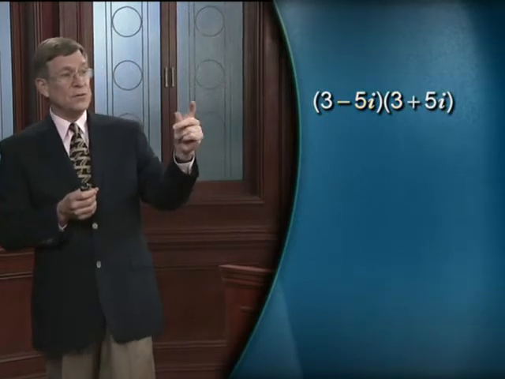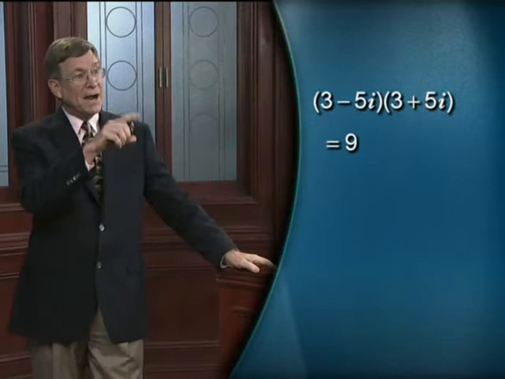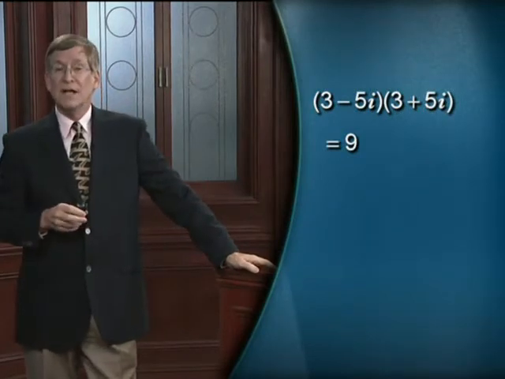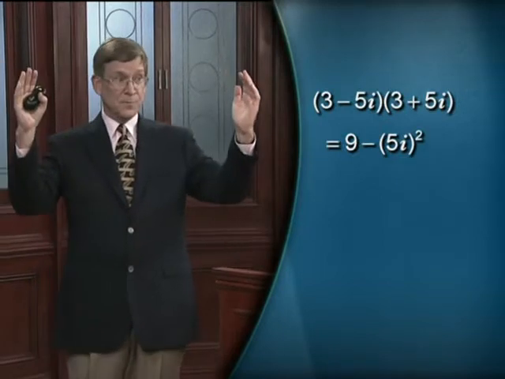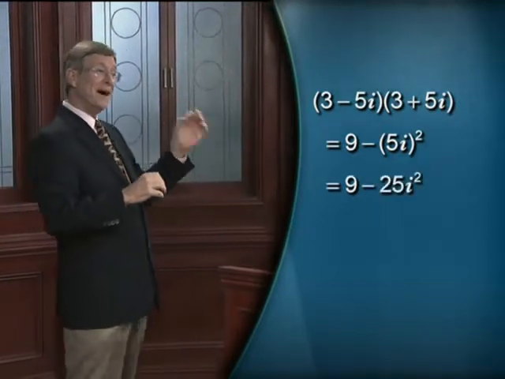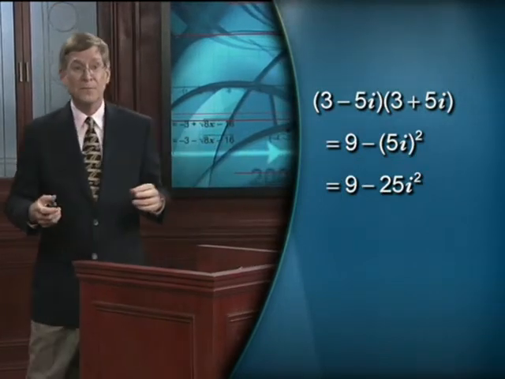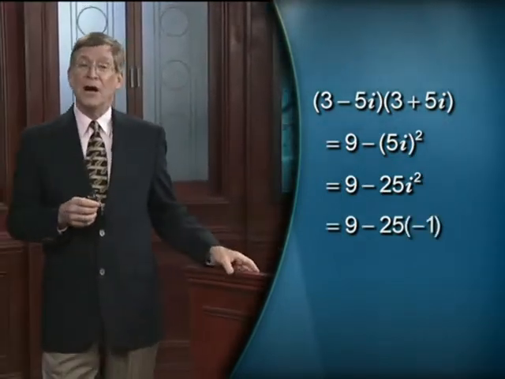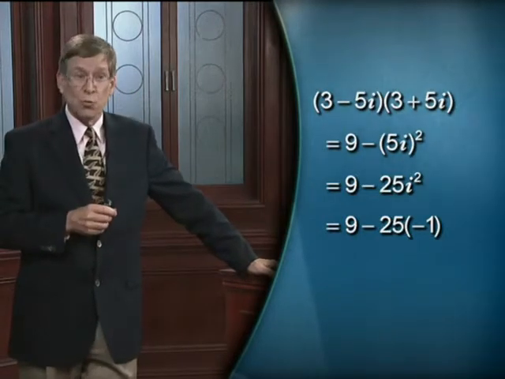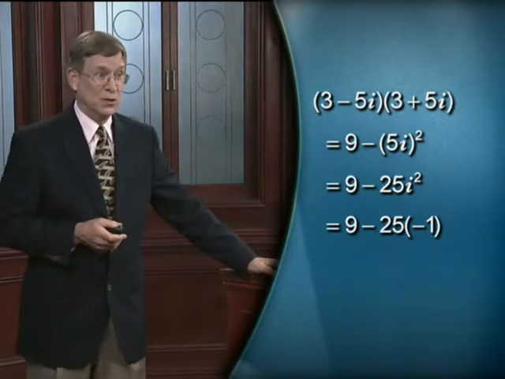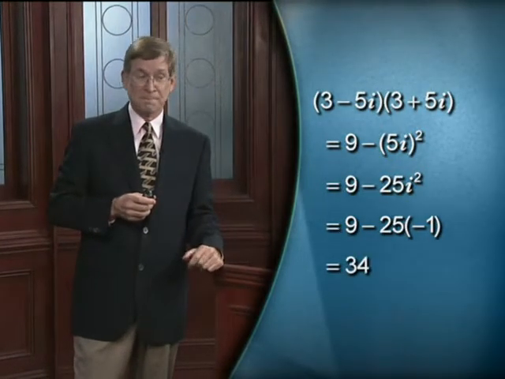And so you're left with just 3 times 3, or 9, and then minus 5i times plus 5i, or minus 5i squared. So it's 9 minus 25 i squared, and then you get 9 minus 25 times minus 1, because i squared equals minus 1. And so the final answer is 34.